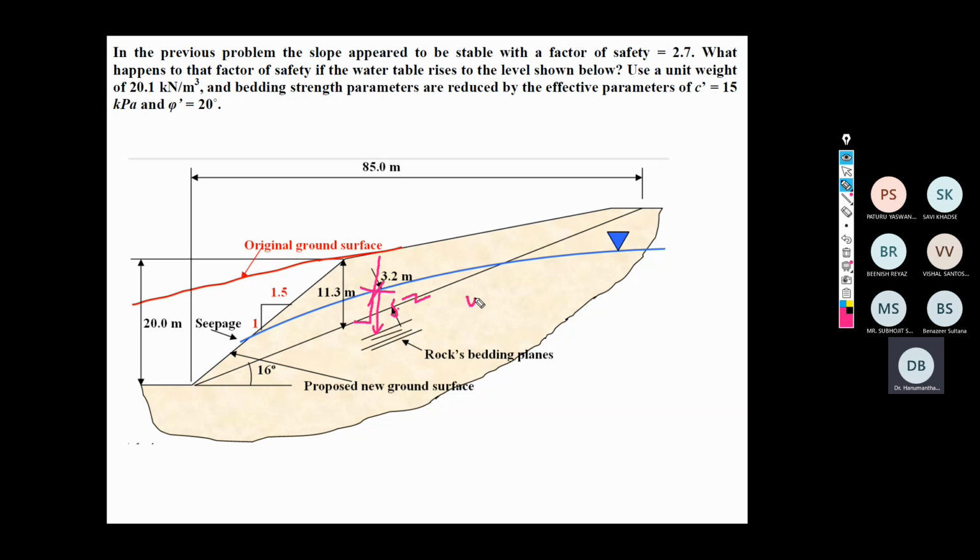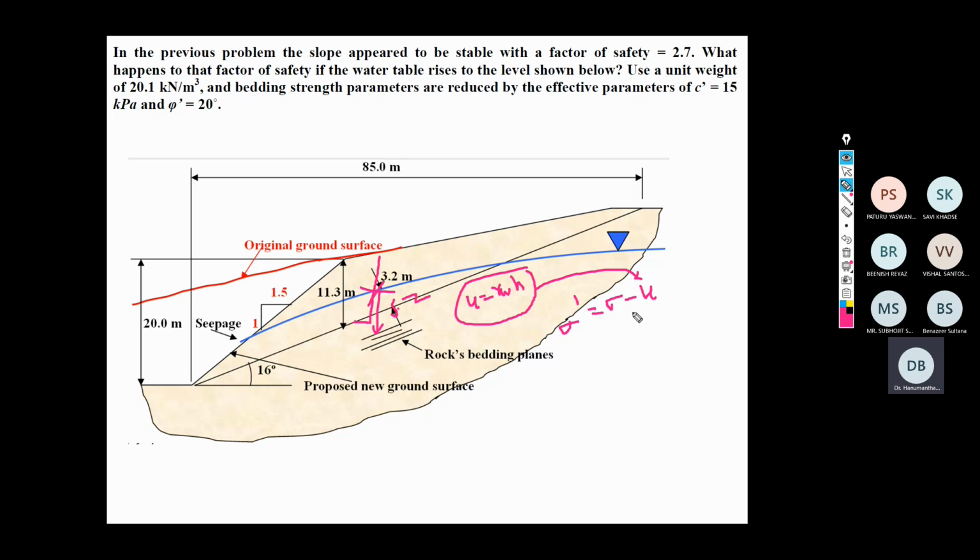So how do I calculate U, which is nothing but gamma W into H, where H is 3.2 meter. You know that sigma dash is equal to sigma minus U. Sigma we have calculated in the previous sum. Now the additional term that comes into the picture is U, the pore pressure component.